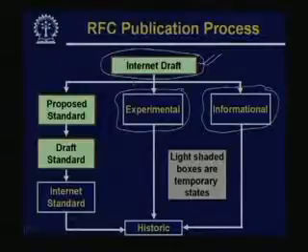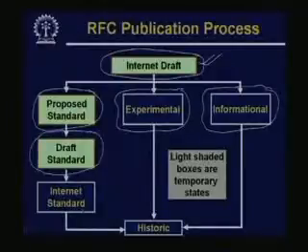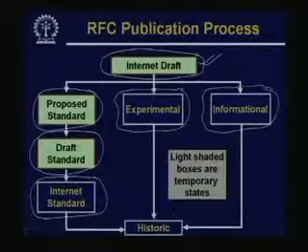But the drafts which are basically meant to be accepted as a standard, as a first step, get accepted as a proposed standard. Then after revision and comments, a draft standard is prepared, which finally over a period of time gets accepted as an internet standard.